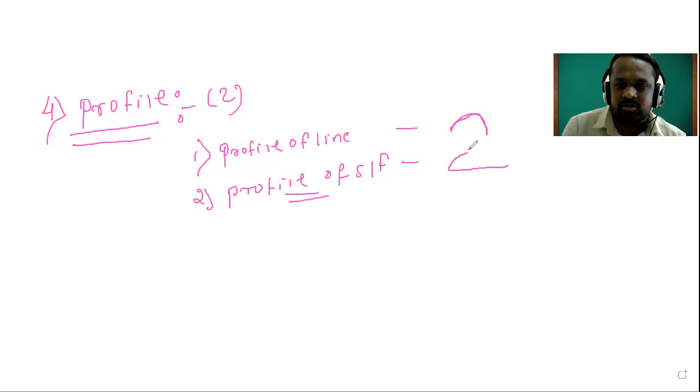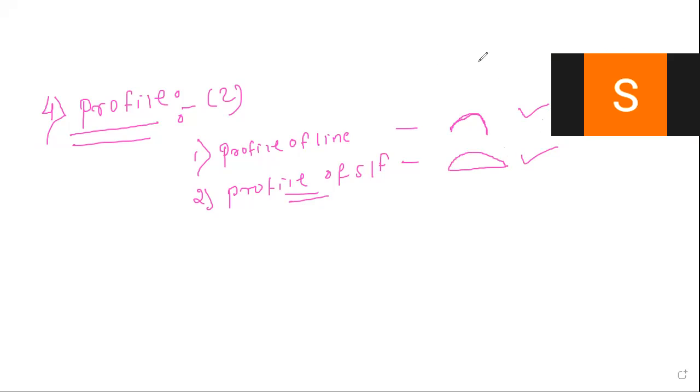It should be closed. Okay, so this is the symbol. Profile of line, profile of the surface. Understood? Yes, sir. Okay, and what is the last?